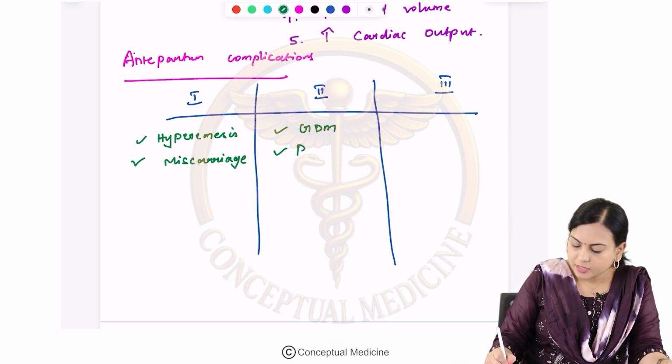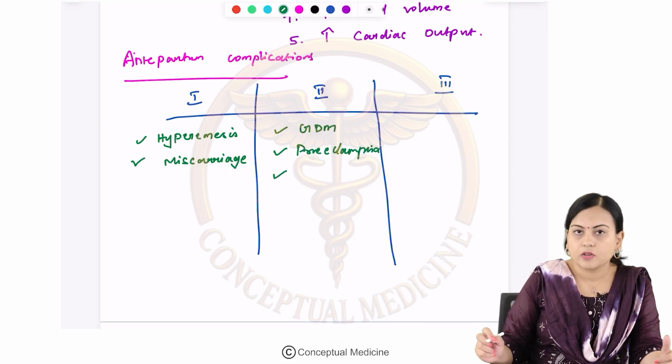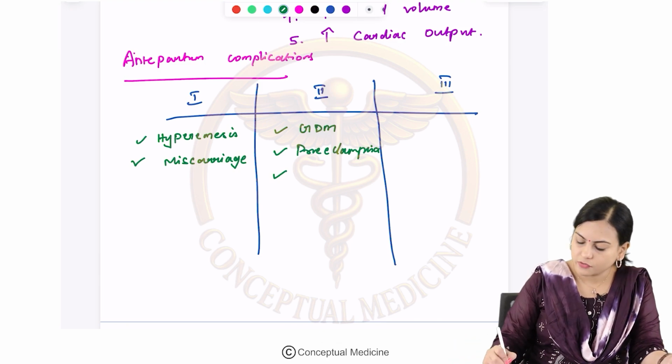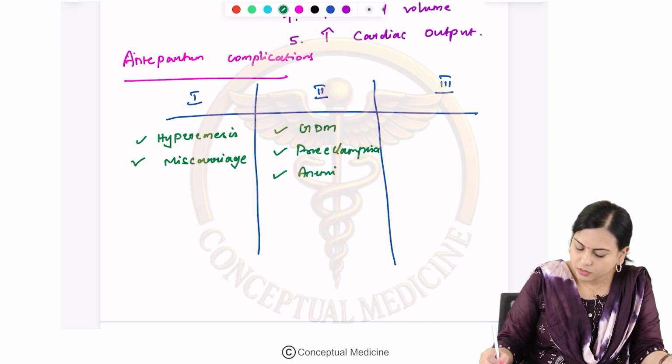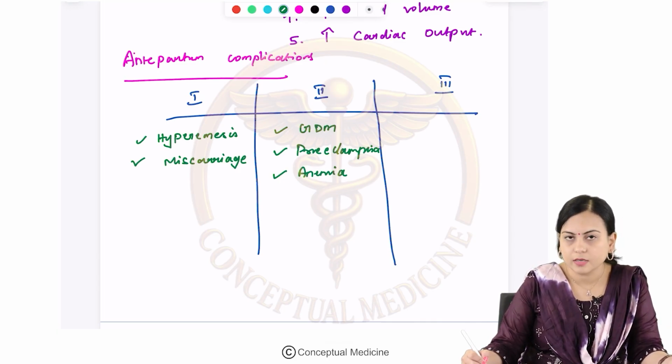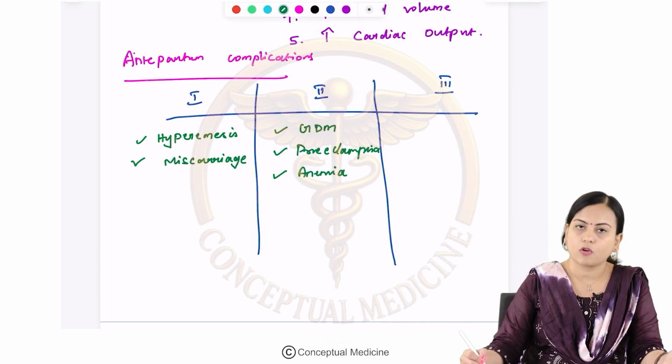And then there can be preeclampsia, or because of the changes in the blood volume and cardiac output parameters, there can be chances of anemia also. Even in normal pregnancy you will see it, but there are increased chances for all these conditions.